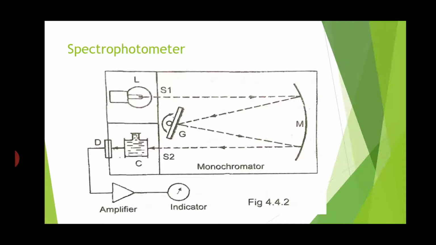So first, the cuvette C contains the solution under observation. Once they take the reading using the amplifier and indicator, they change the cuvette to the pure solution, and for that solution also they take the readings.